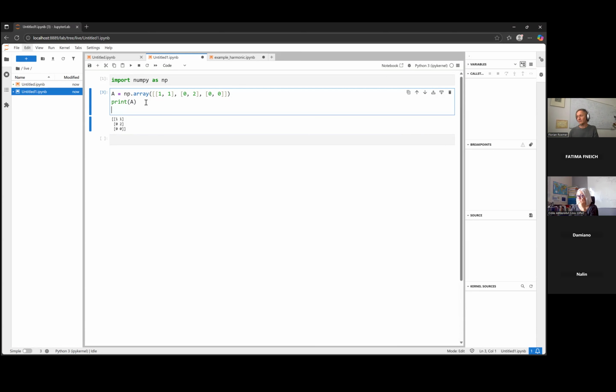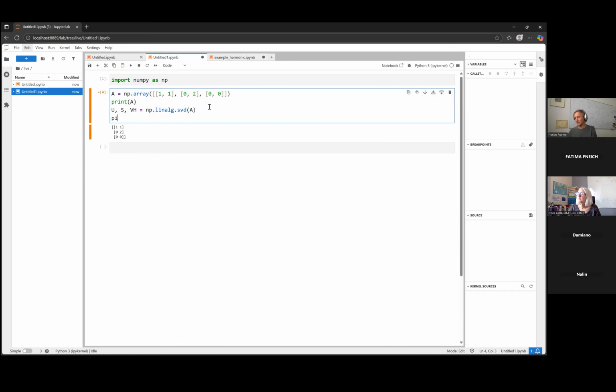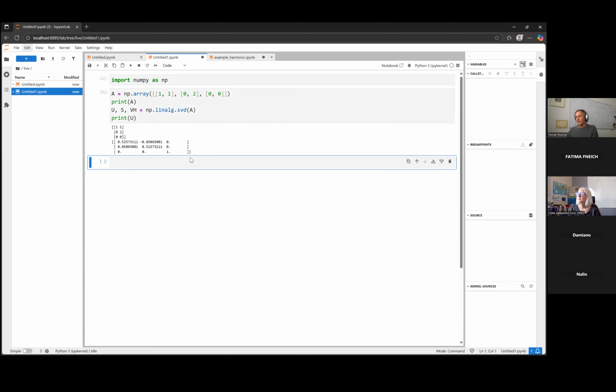And now let's say we do an SVD of it. So we do something like this, U, S, VH, you can actually write it like this. And you find the SVD in the linalg subpackage of NumPy, applied to A. And now you get 3 matrices. Let's have a look at U. You can see this is now a 3 by 3 matrix, which contains 2 subparts.